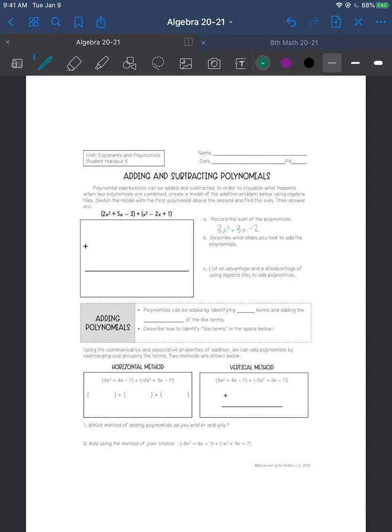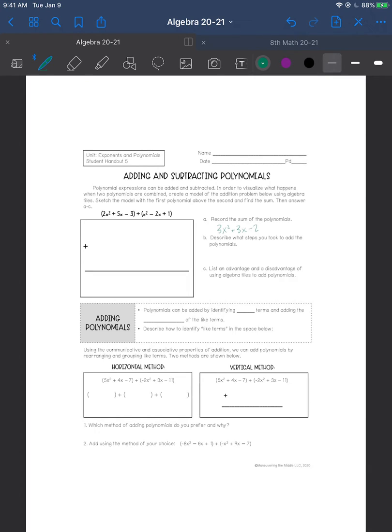You can screenshot the visual representations or sketch it if you want to. I would go ahead and bookmark the algebra tile page because we will be using it in notes pretty much from now on, especially when we get to factoring.